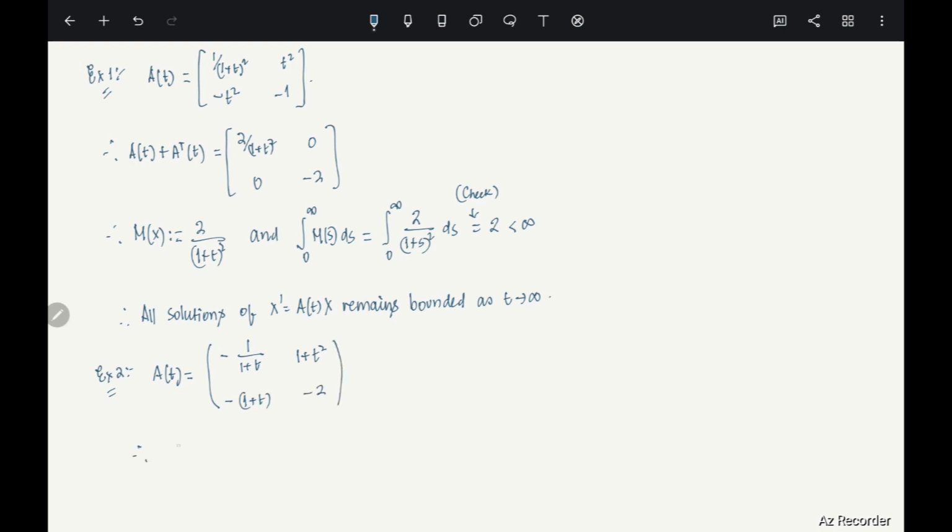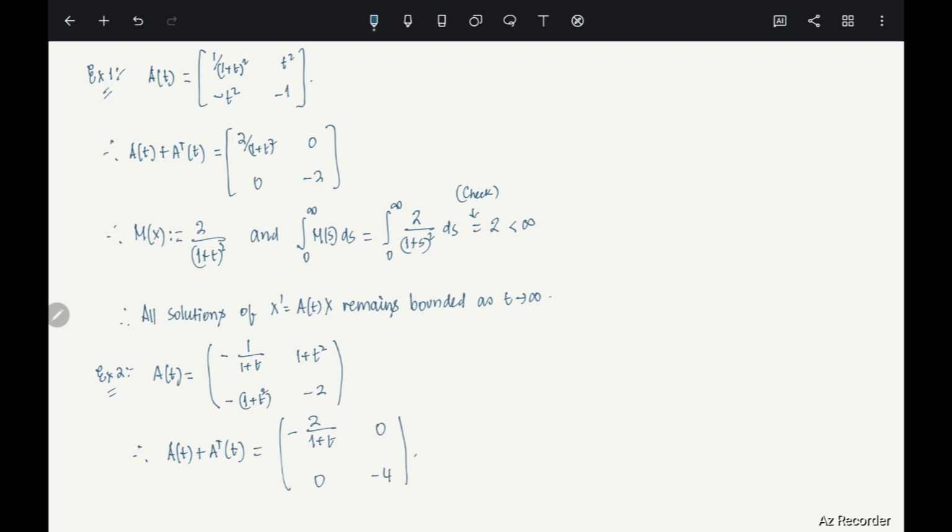So let's look at what is A(t) plus A transpose of t. Again A plus A transpose, so it is 2/(1+t), and let's write this as t^2, so it gets cancelled out and becomes 0. So we are just making our life easier, basically. Again this term is going to be 0, and this is minus 2 minus 2, minus 4, right?